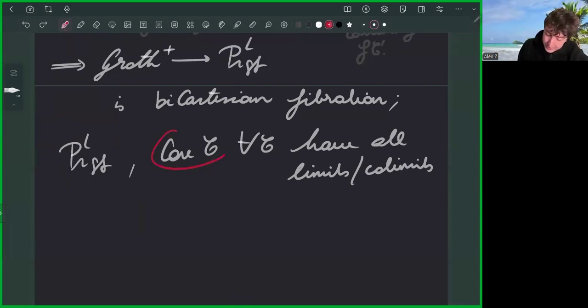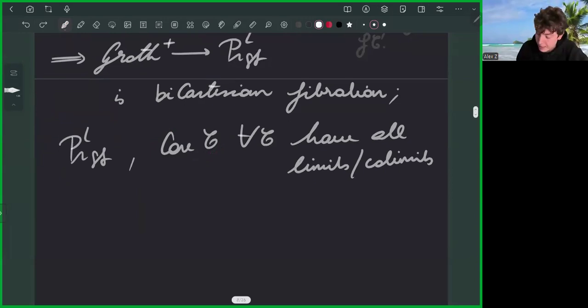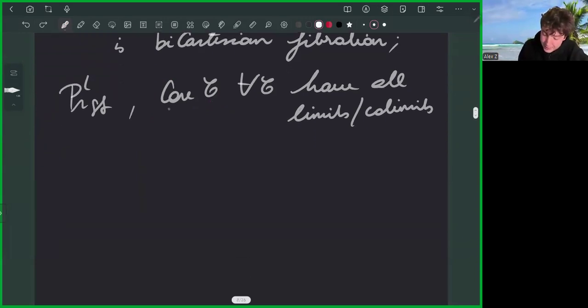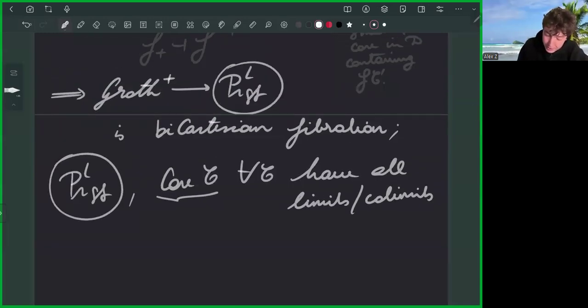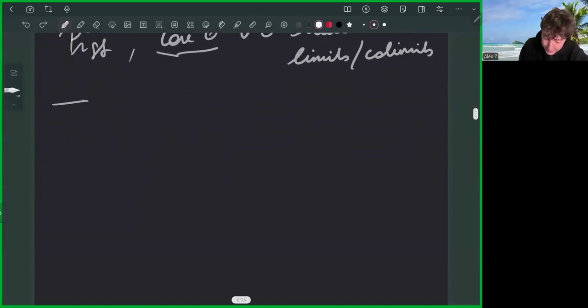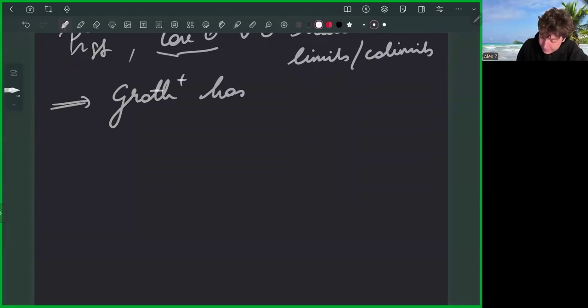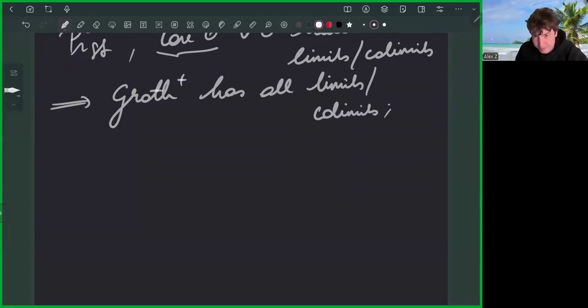In particular, this means this thing has all limits and co-limits, because limits and co-limits in posets are just infima and suprema. In particular, what this tells you is that because these are the fibers of this bicartesian fibration, and this is the base of the bicartesian fibration, Groth^+ has all limits and co-limits.